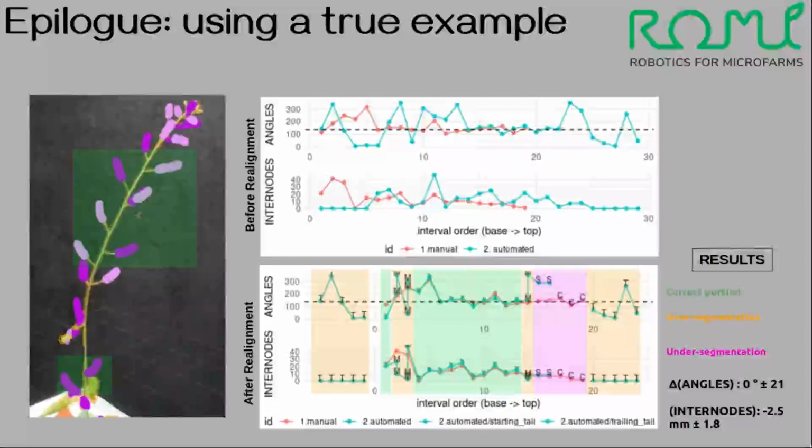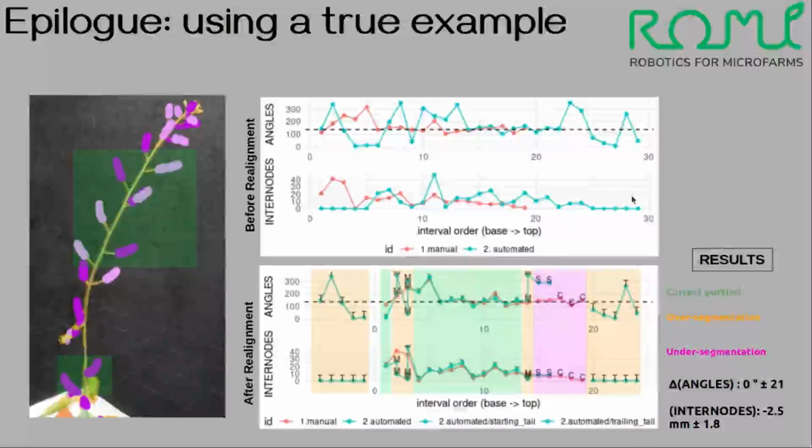On the plant, I highlighted the corresponding parts where, at least in those two green boxes, you know that the segmentation works perfectly well. Then you know that, for example, at the base of the plant you've got a segmentation issue with over-segmentations, added to the beginning of the sequence. You also have over-segmentation at the end, and also under-segmentation, where some of the real fruits have been missed at the end.